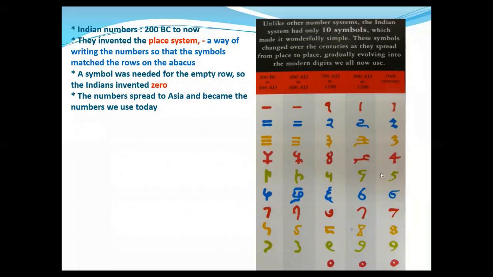Also, the Indians are the ones that invented 0. They introduced 0, or empty value, or no value. From this symbol up to this symbol, as you can see here, it is now near to the modern representation of our numbers.